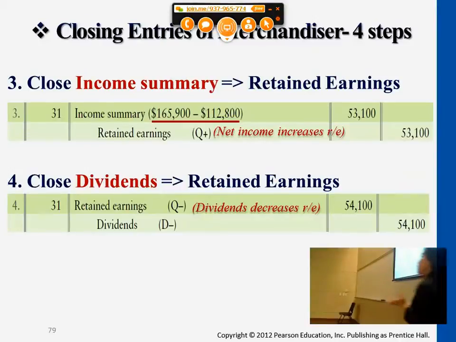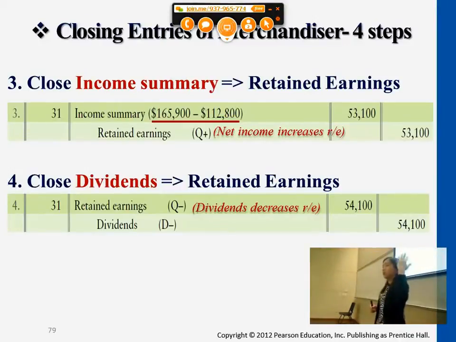Now, if the company only has the prior three entries, if they didn't give out dividends, then there will only be 3 closing entries. So here's a case where the company decides to give out dividends to shareholders, and this is the total amount that they gave away this season. So in this case, you also need to close out dividends. Just like expenses, dividends' regular balance is debit.